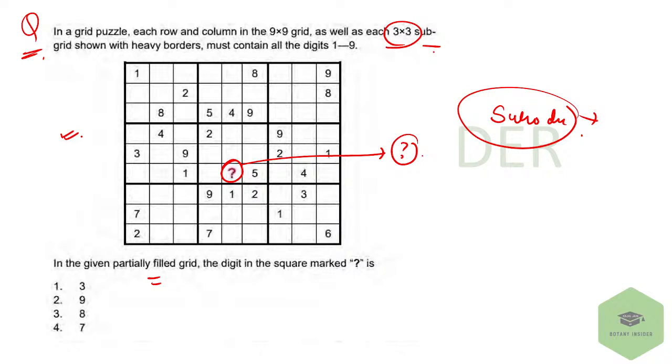Everyone, mark the answer for the question. In this grid, what should come at this particular number? This is what you have to find out.